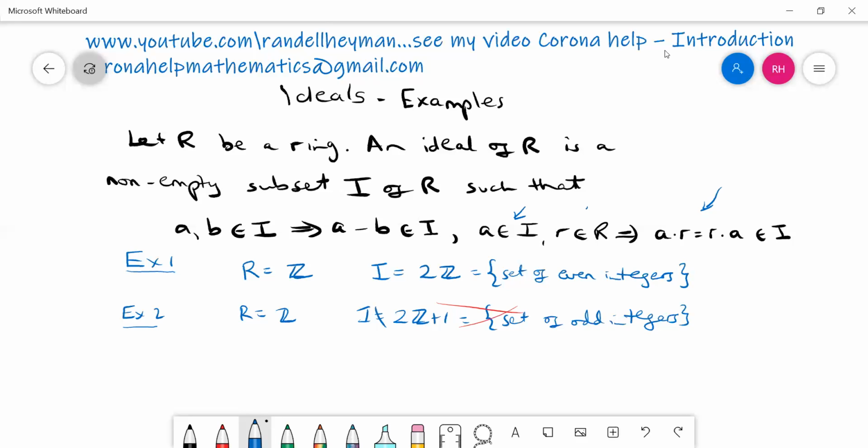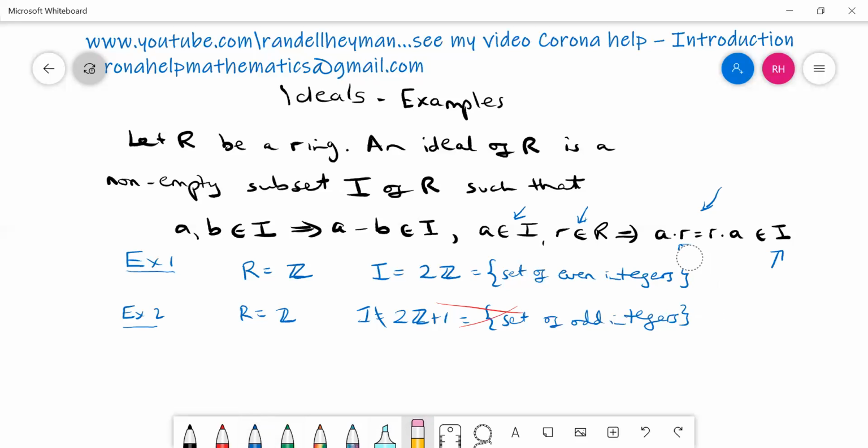And let's say R is now an integer. So let's go 3 by 6. That's 18. But 18 is not in the ideal. So what I'm saying is A times R is not an element of I, and because of that, it cannot be an ideal.